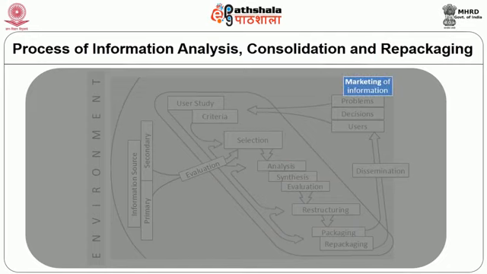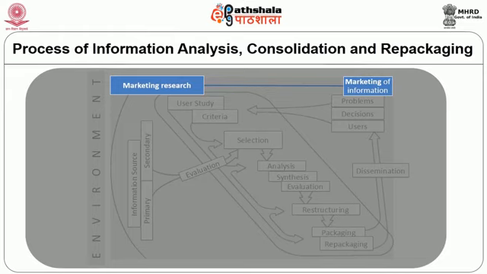Next step is the marketing of information. It is a method of viewing the entire information services and its products from the point of view of ultimate results, that is, from the use and user's point of view.